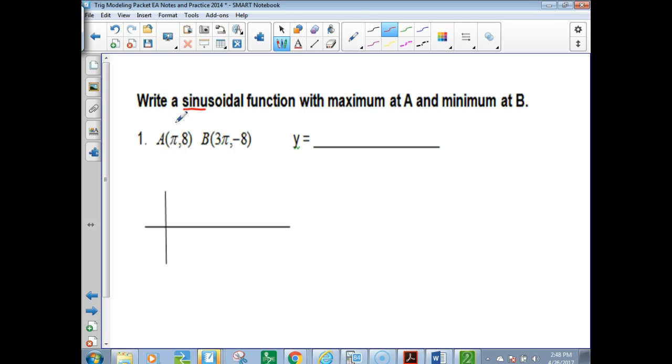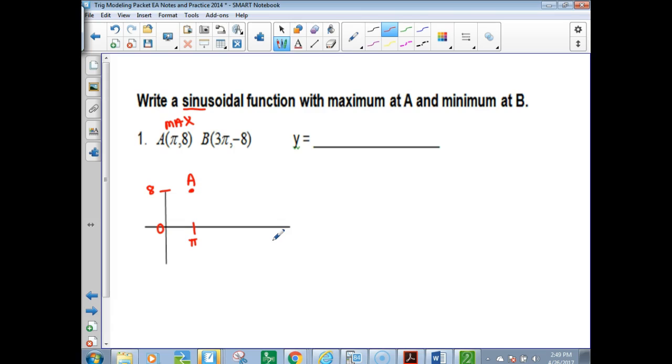High point? Okay, so if that's a max, then that's happening at pi over 2, not at 0, and the sine wave starts at 0. So that means we need to find our first maximum point at pi, 8. So let's make 8 be the max. Pi, 8 is where A is located.